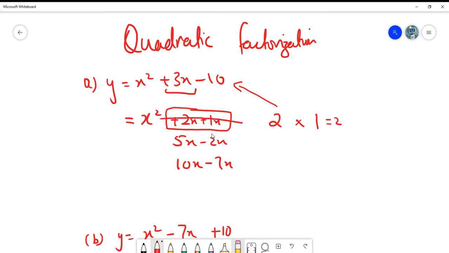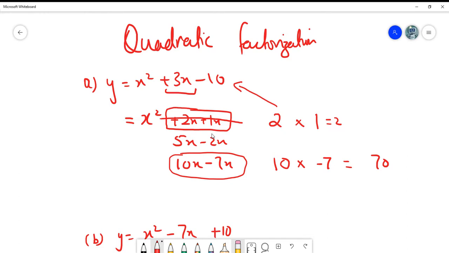Let's try the other combination, which is 10x minus 7x. If we multiply the two numbers 10 and minus 7 together, remember, while multiplying the two numbers, considering the sign is important. So the sign with 7 is negative. So 10 times 7 is 70. And we also have to multiply the signs.